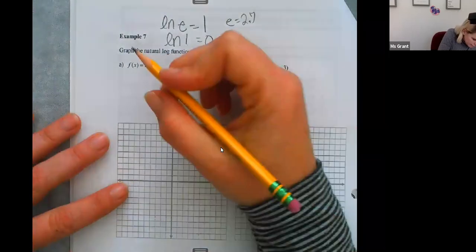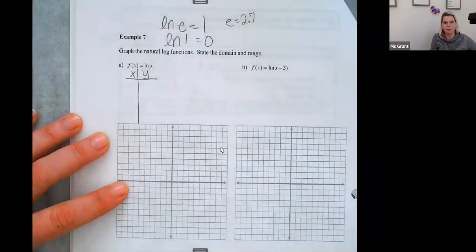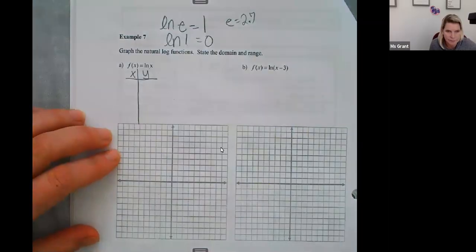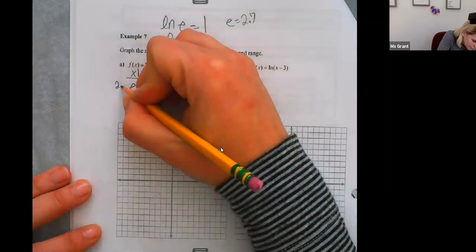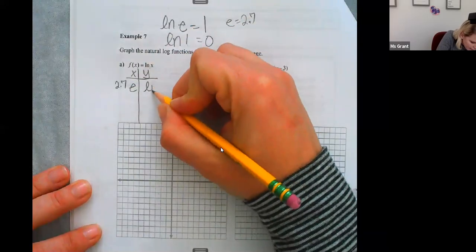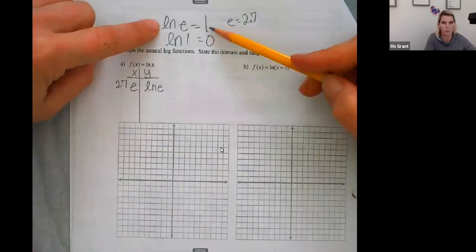So let's do this. If for my X value I plug in an E, which is 2.7, I will get ln of E. What's ln of E?